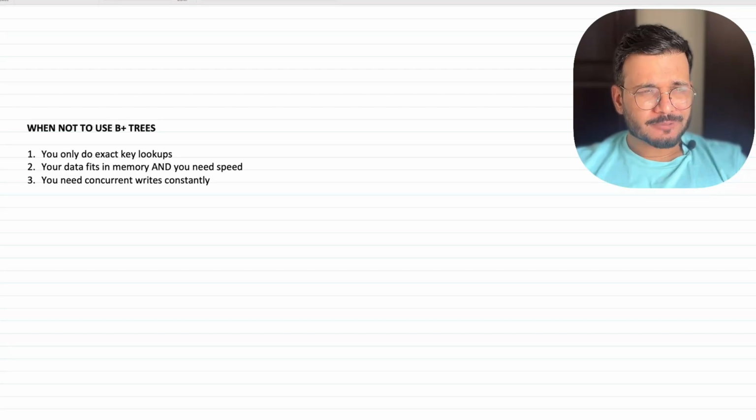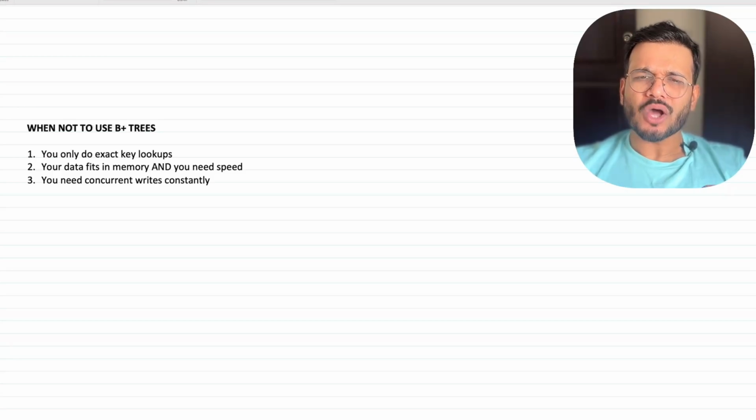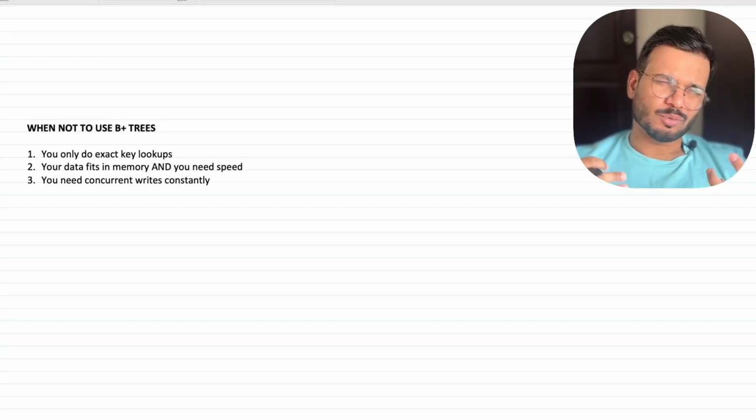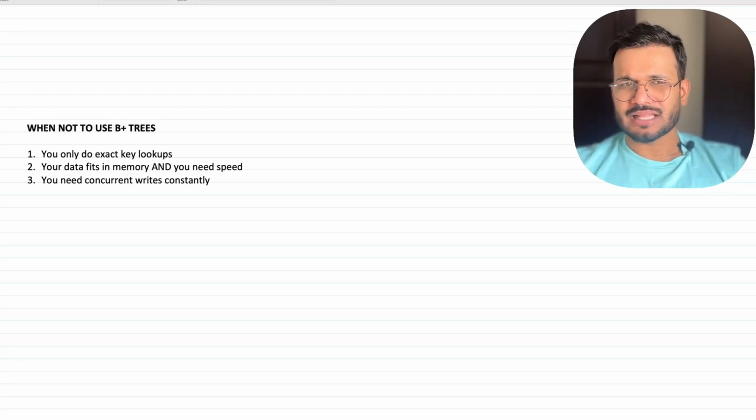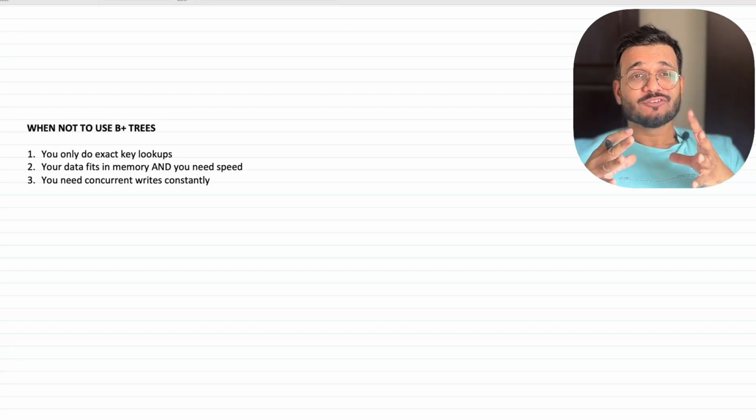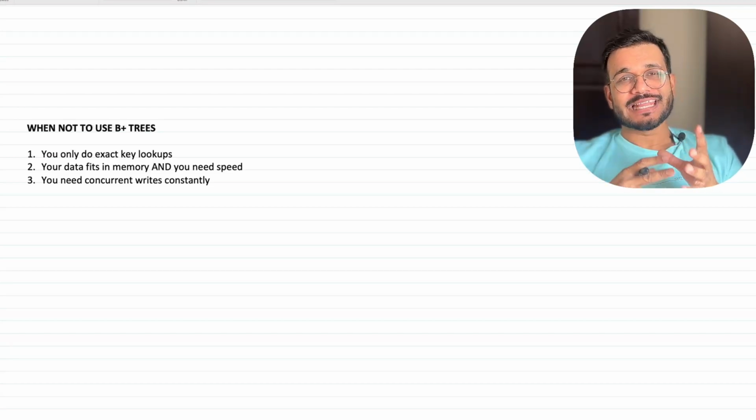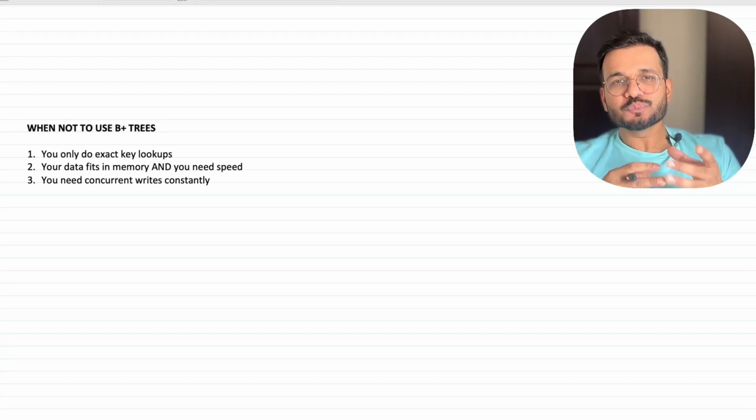It will be better. And if you need to do concurrent writes constantly, B plus tree locks can be contentious. Though modern DBs have gotten smarter about this, you should not use B plus tree in that case. That said, for 95% of database use cases, they use B plus tree.